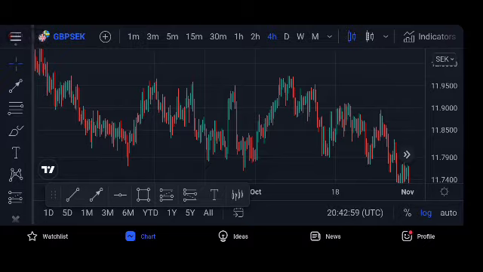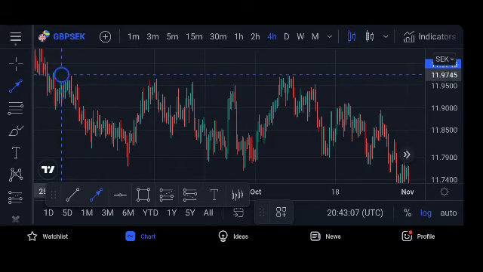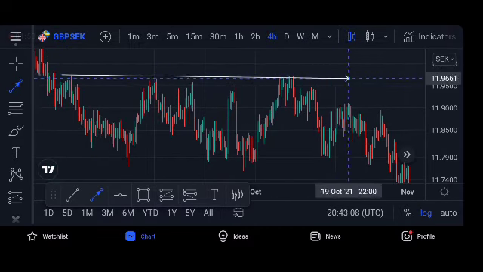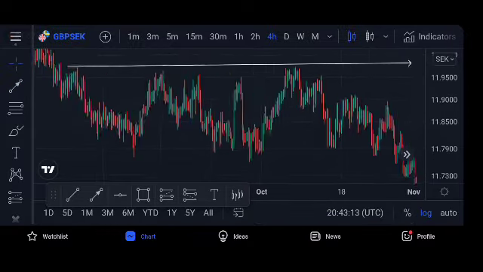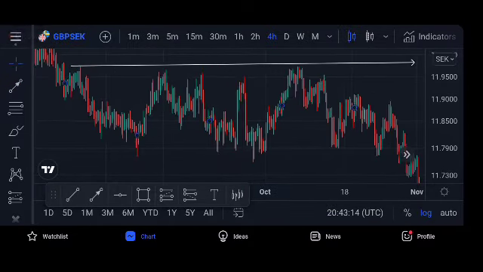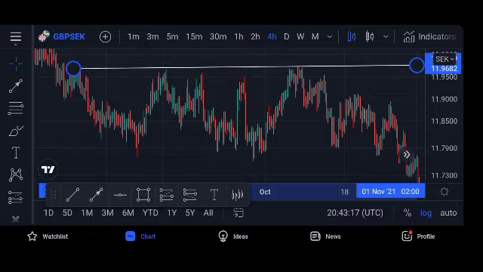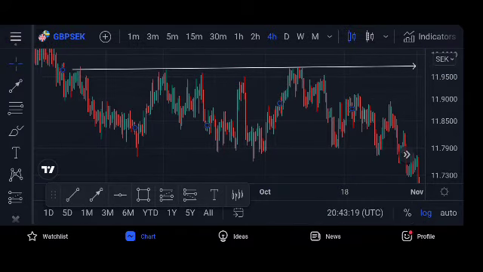Now we'll go straight up and identify my resistance zone, my resistance level. There is a resistance level right at this spot. The market tends to resist that level.